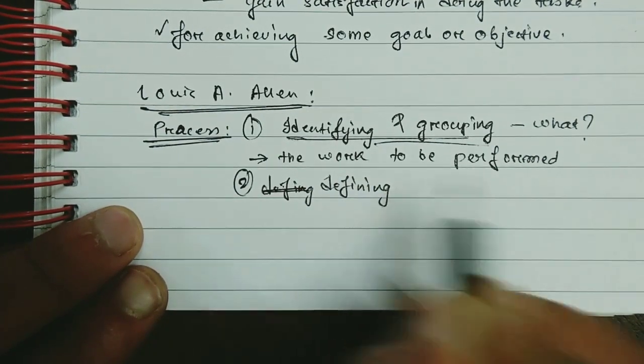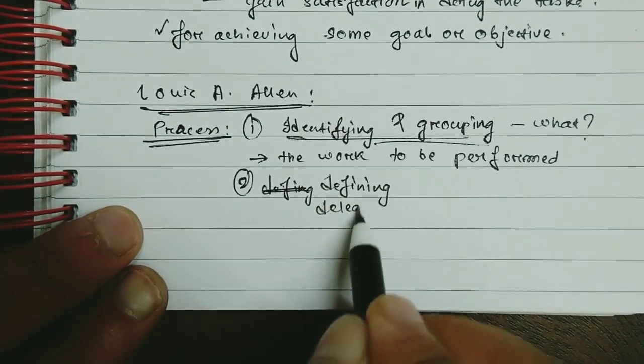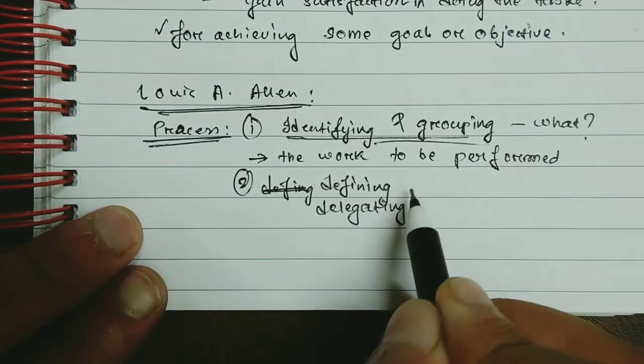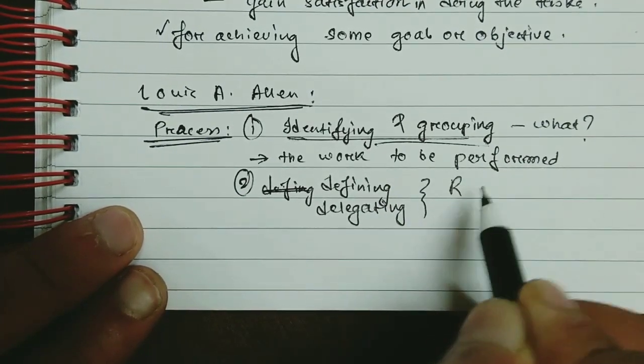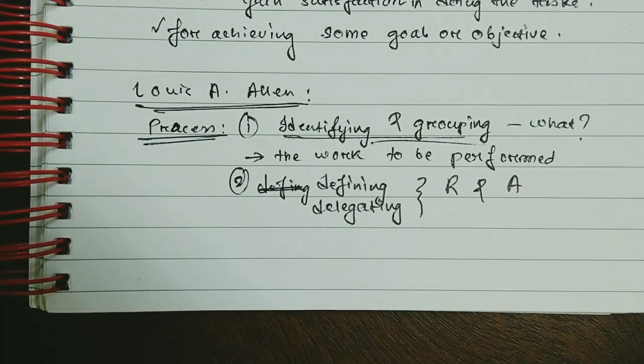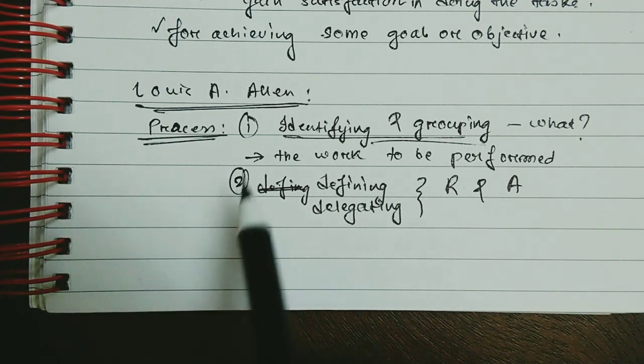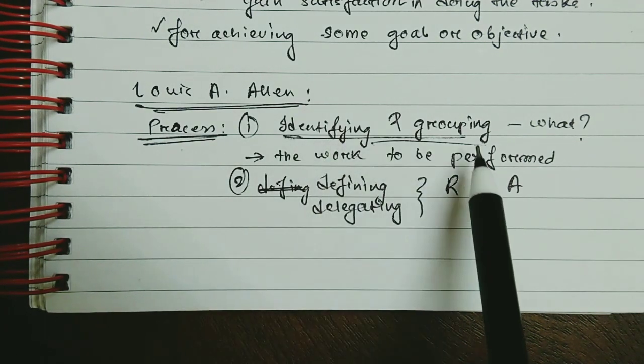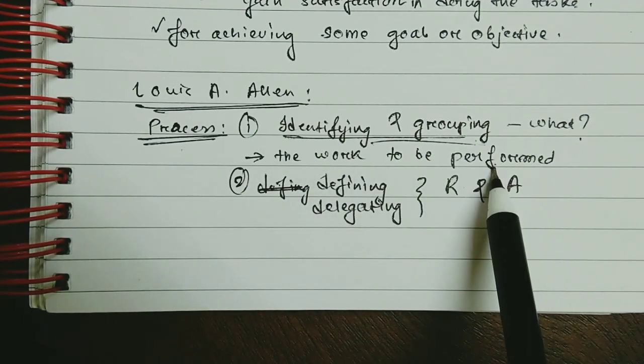defining and delegating responsibility and authority. যখন কাজটাকে ডিভাইড করে দেওয়া হয়েছে, একটা কাজ করার জন্য অবশ্যই একটা রেসপন্সিবিলিটি এসে পড়ে কারোর ঘাড়ে, বাট সেই রেসপন্সিবিলিটিটাকে ক্যারি আউট করার জন্য অবশ্যই তাকে কিছু অথরিটি দিতে হয়। So he's saying, firstly, identify and group the work to be performed.